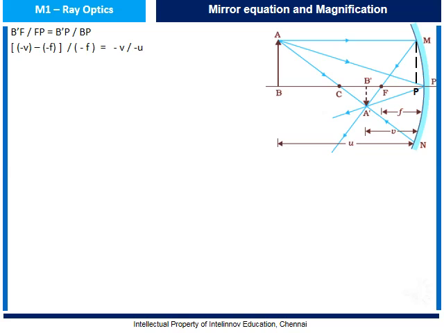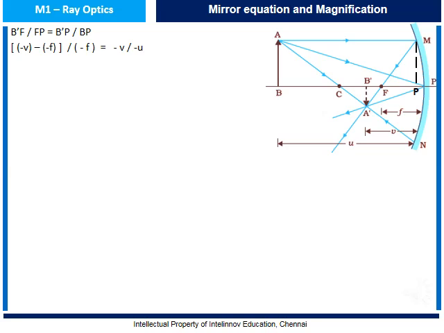Since it is measured in a direction opposite to that of the incident light, or to put simply, since it is measured to the left side of this concave mirror, we can write B dash F as minus V minus of minus F. And FP is nothing but the focal length and hence minus F. Now B dash P is equal to minus V and BP is nothing but minus U, because that is the object distance.